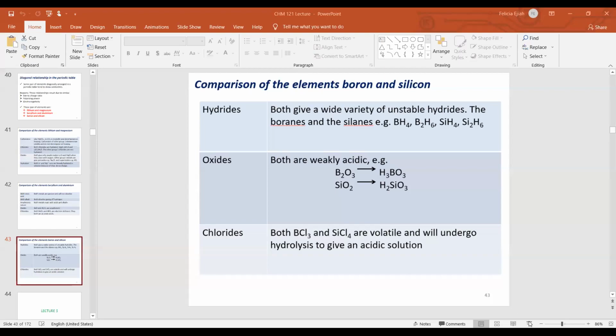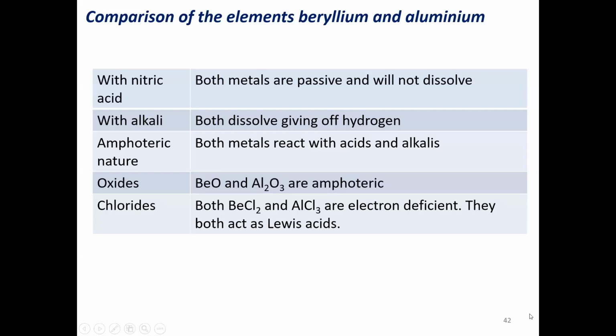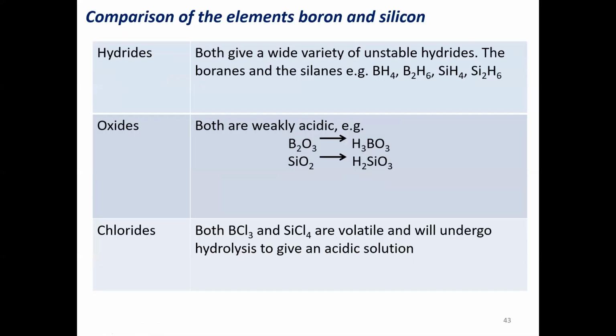So we'll now look at the elements boron and silicon. In terms of their hydrides, both of them give a variety of unstable hydrides. Unlike the others, whose hydrides are very stable, like sodium hydride and potassium hydride, the hydrides of boron and silicon are actually unstable.